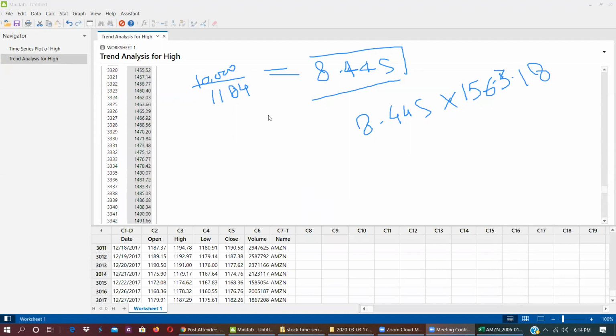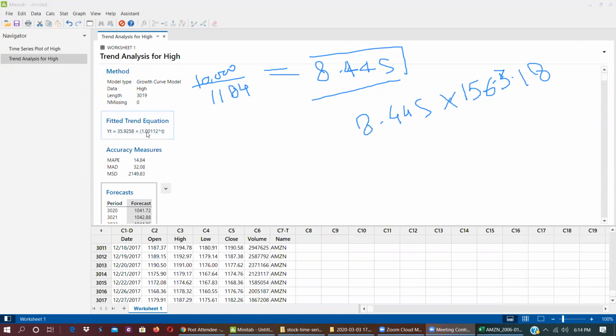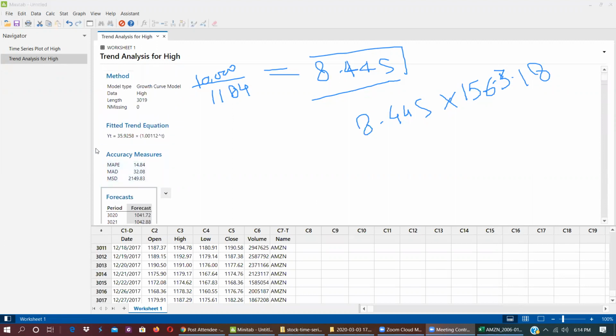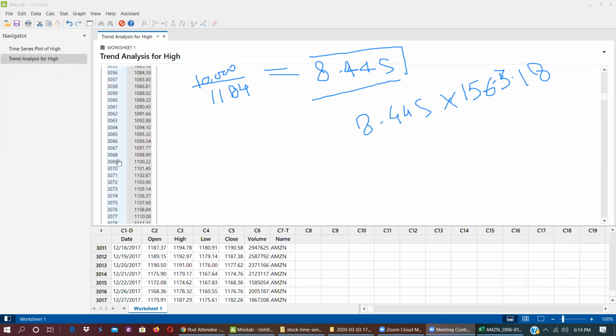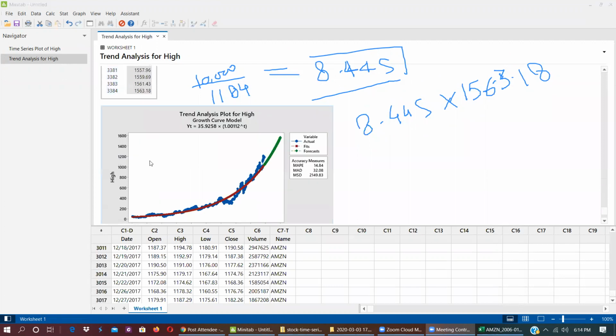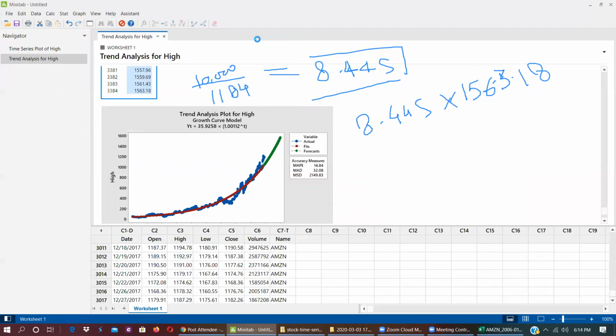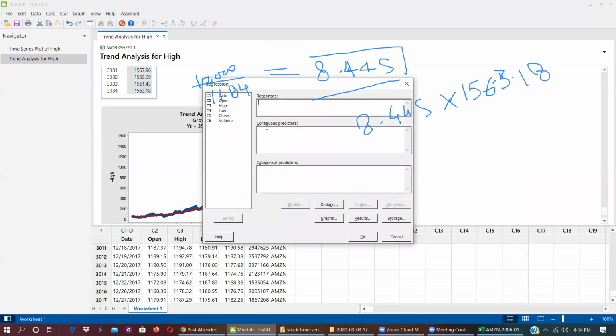So this is one thing here. Another thing is also there. This is the regression equation, this is the forecasting, and these are the accuracy measures. Here you can also see the regression coefficient using stat regression.